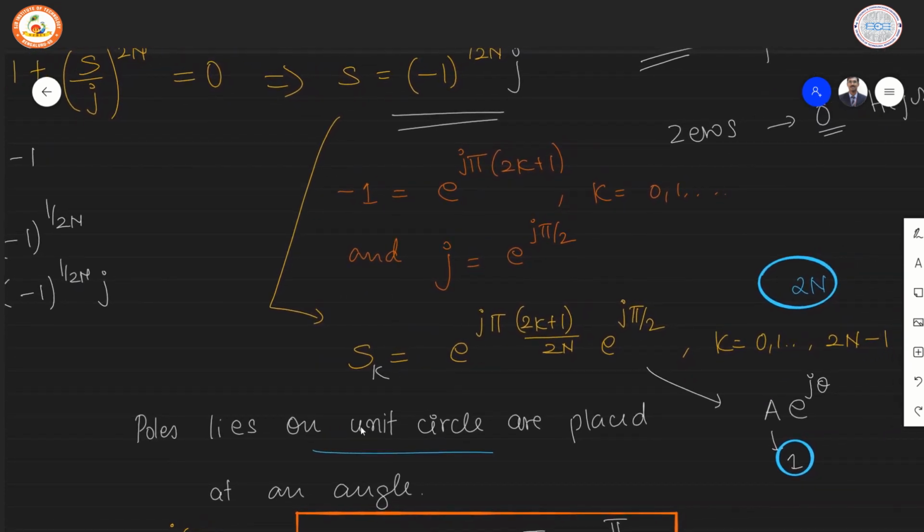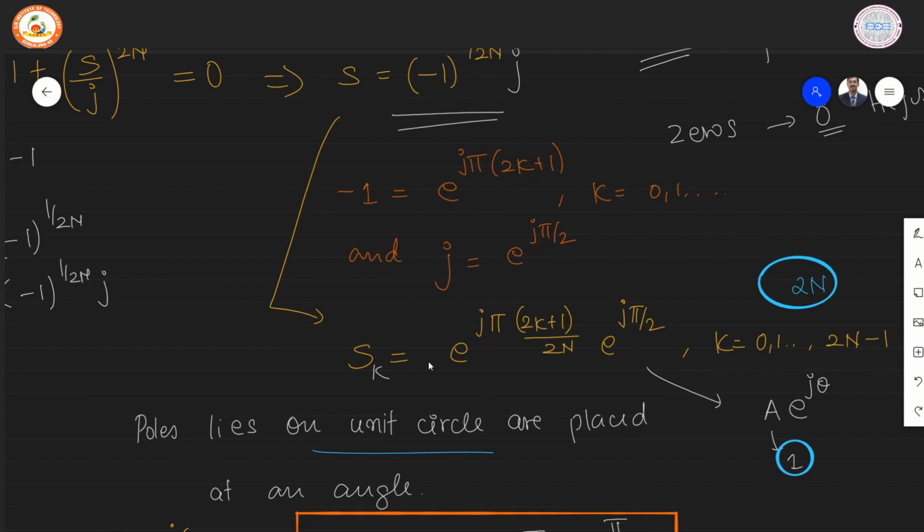We observe that sk is equal to e power of j pi into 2k plus 1 divided by 2n multiplied with e power of j pi by 2 after the respective substitutions. And this equation is applicable for k value starting from 0 and goes on up to 2n minus 1.